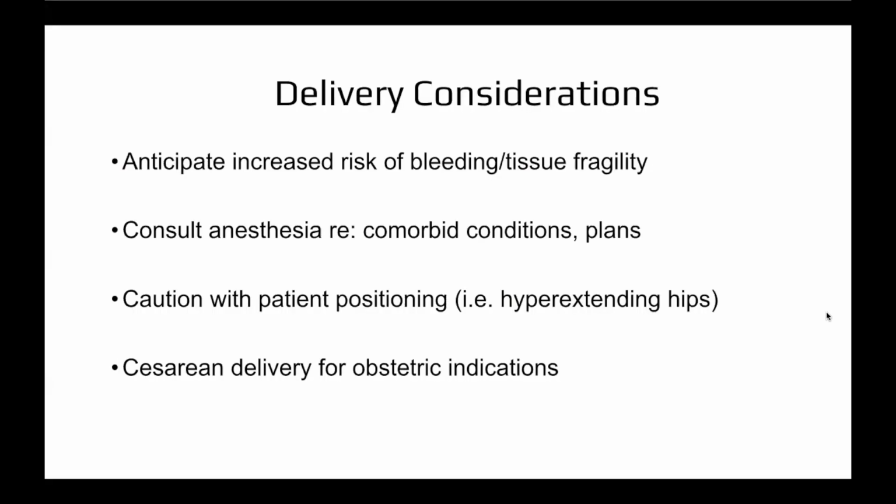Thank you. Delivery considerations. Again, anticipate increased risk of bleeding, tissue fragility. I usually suggest people meet with anesthesia regarding any potential comorbid conditions and planning. Some people have reasons that they can't, say you've had a spinal fusion.